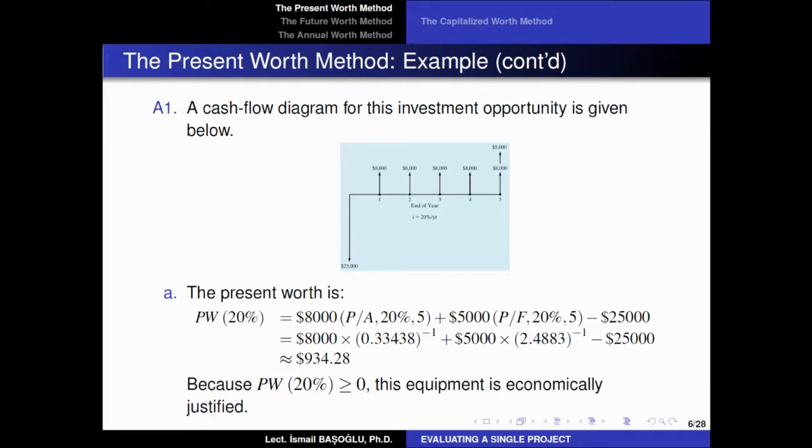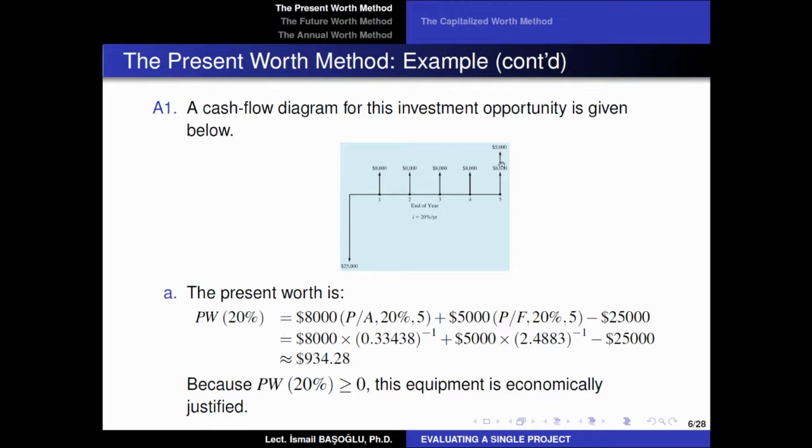How do we do that? Now, first of all, the positive cash flows are positive and the negative cash flows are assumed negative. So the present worth of this uniform series of $8,000 will be obtained by multiplying $8,000 with the uniform series present worth factor, which is P over A, under a 20% interest rate for 5 years.